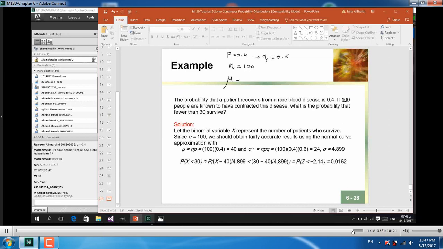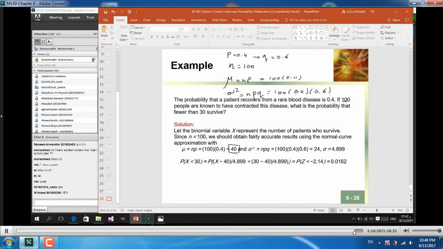So right away, mu is N times P, and sigma square is N times P times Q. N times P is 100 times 0.4. N times P times Q is 100 times 0.4 times 0.6. You will get that mu is 40.